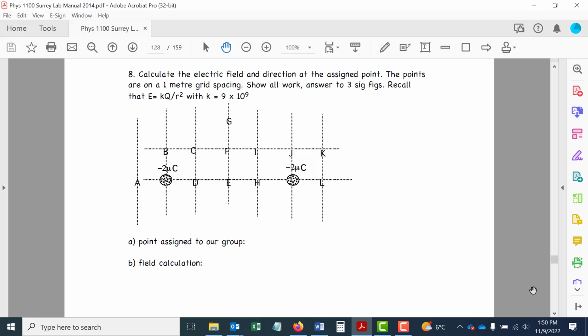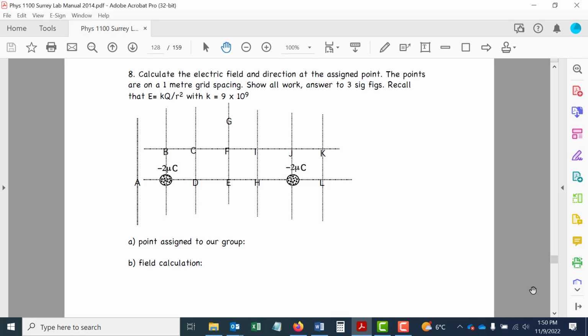So if, for example, this was your point, you would need to find the electric field's magnitude and direction due to this charge, this distance away, and then, separately, you'd also want to find the electric field's magnitude and direction for this charge at this other different distance away from your assigned point. So it's 2 completely separate electric field calculations to begin with.